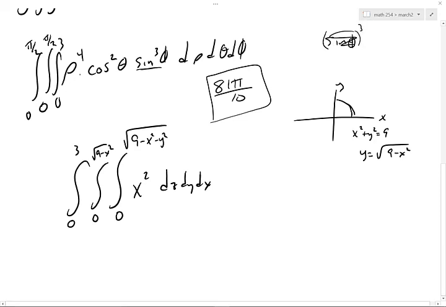If I want to integrate with respect to rho, any idiot can do that. If I want to integrate with respect to theta, or cosine squared, I have to rearrange that and use a double angle identity, and you can do that. And then of course sine cubed can be written as sine times a double angle, and then you can bust it out. It's not horrible, it's not something I really want to do, but that's how easy it is to do these problems when you have spherical coordinate systems. Okay?